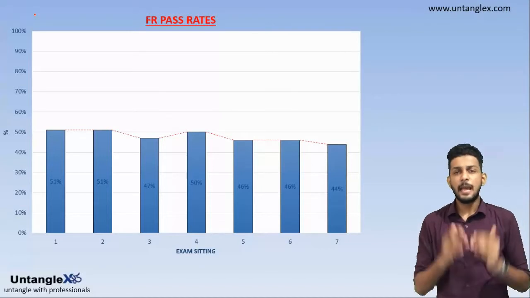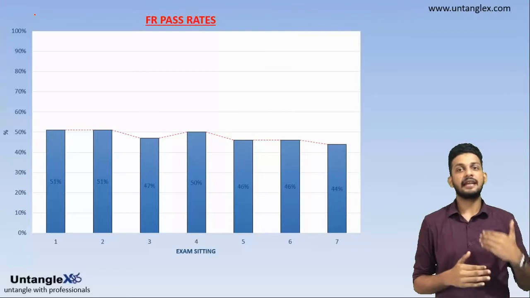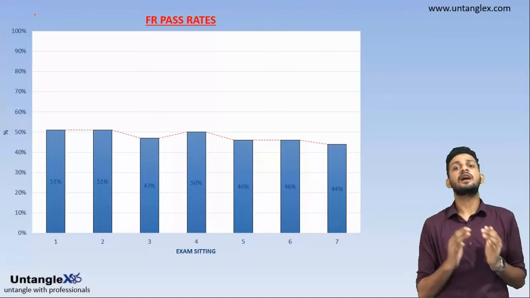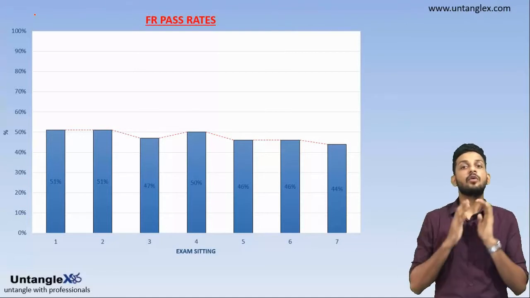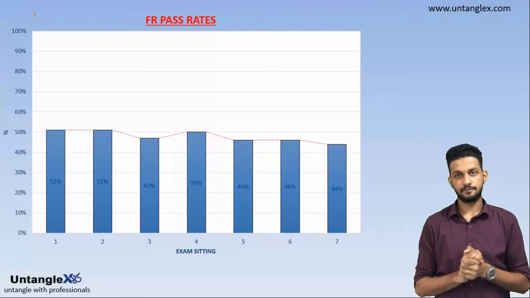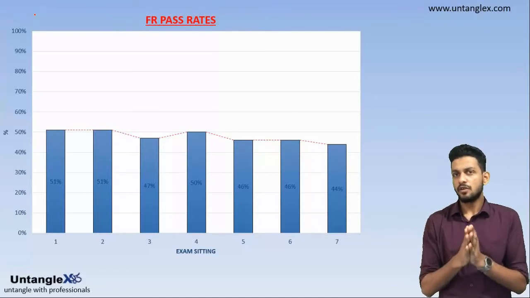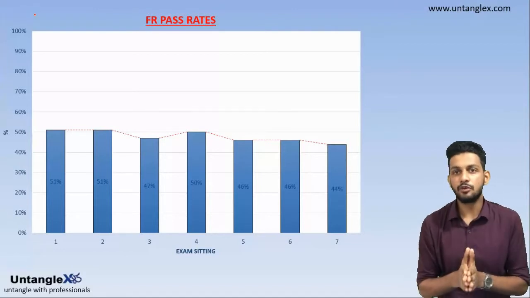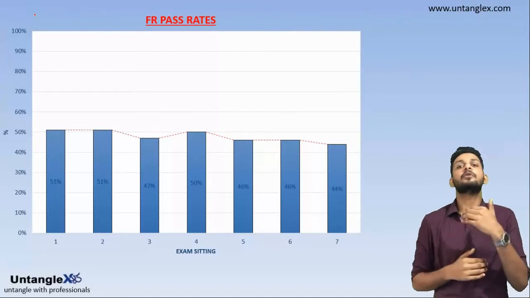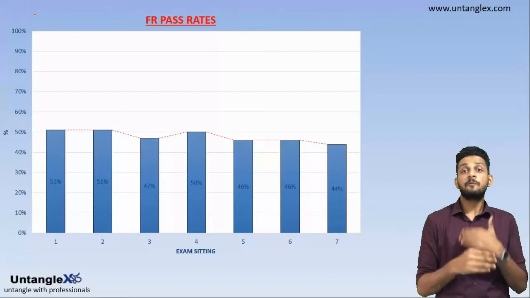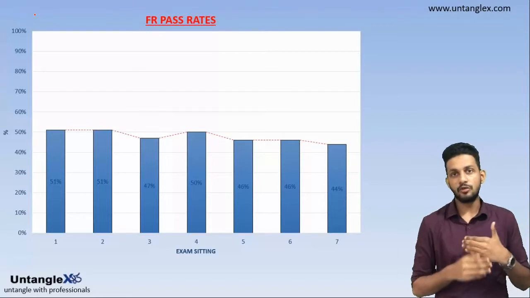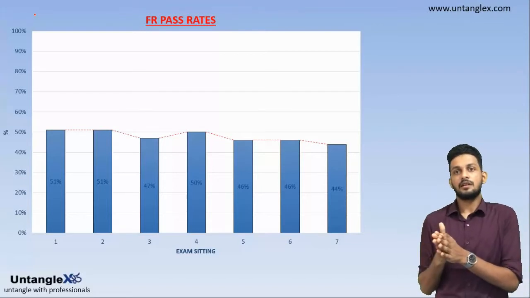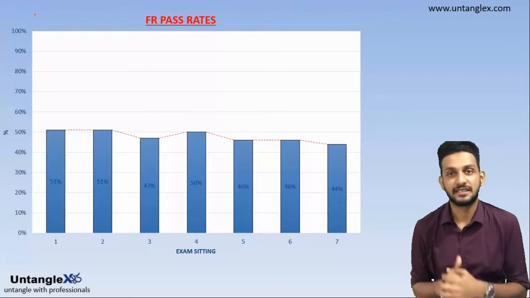You can see that many students' effort and time doesn't give a positive result, isn't it? So for that, we are helping you to get your positive result, and hopefully you will be included in the next ACCA exam pass rate.